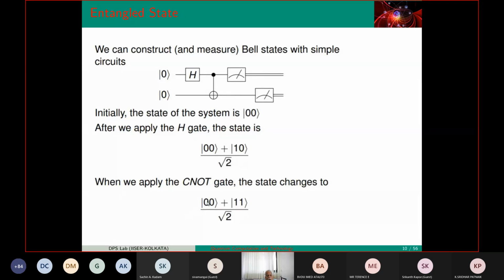Now, because of the measurement, if the Alice result is 0, the state is only 0, 0. The two terms are gone, only one has survived. If Alice's state is 1, then the state collapses to 1, 1. This one is gone. So superposition is lost due to measurement.